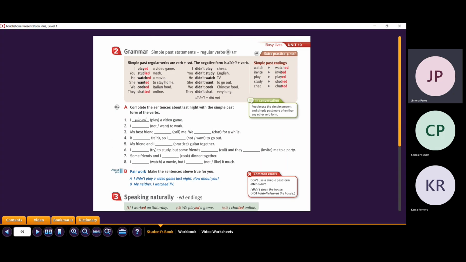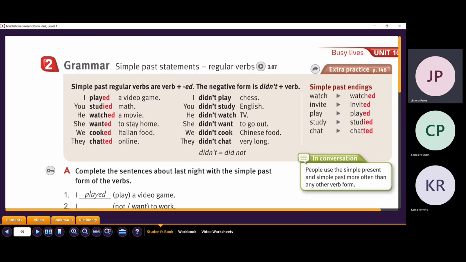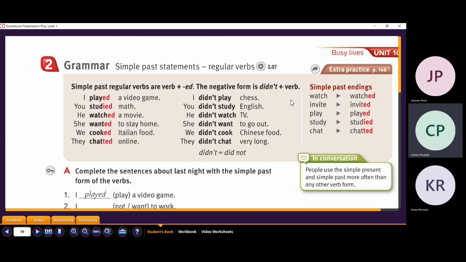Okay, so we're going to do the next exercise, not the same that we were talking about. Simple past statements. In this case, regular verbs. Your simple past regular verbs are verb plus ed. And the negative form is didn't plus verb, but the verb in infinitive.